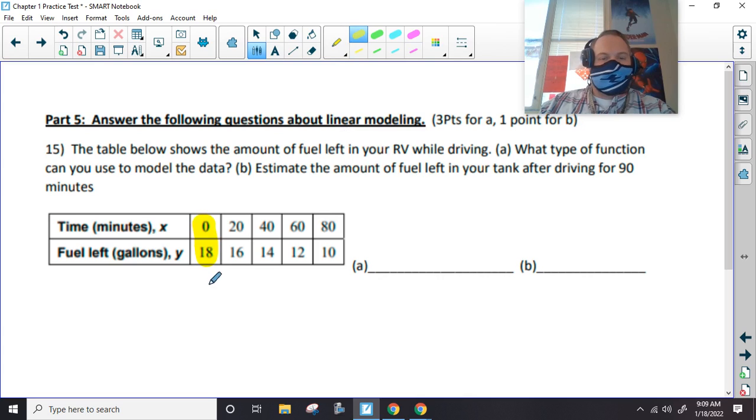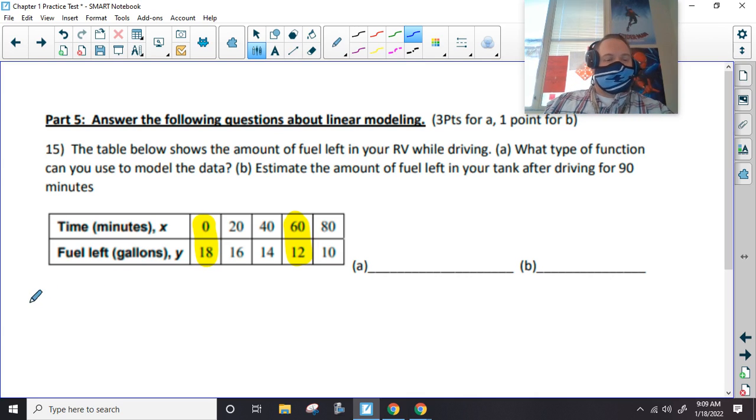We're going to use (0, 18) and (60, 12) as our 2 points. Now, if you didn't do that, because I had looked at my notes, did this last semester. They're like, can we get some more clear directions? Yes, it will tell you which 2 points to use.